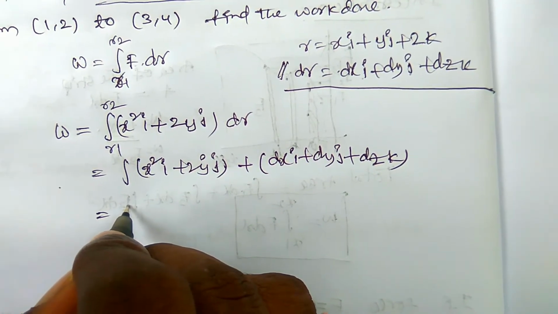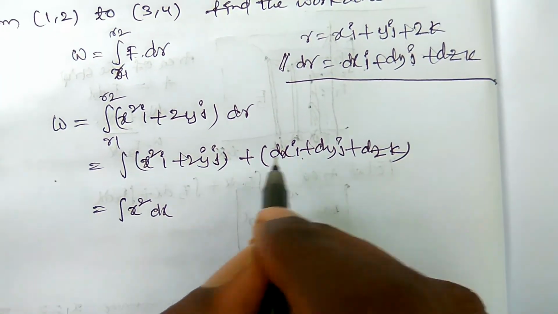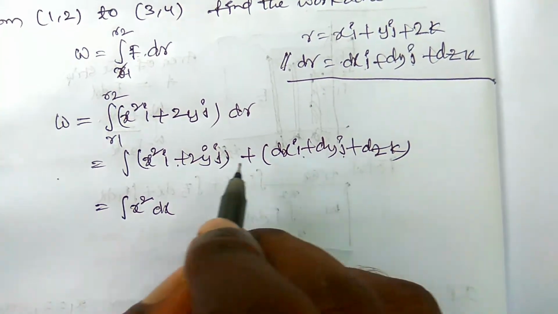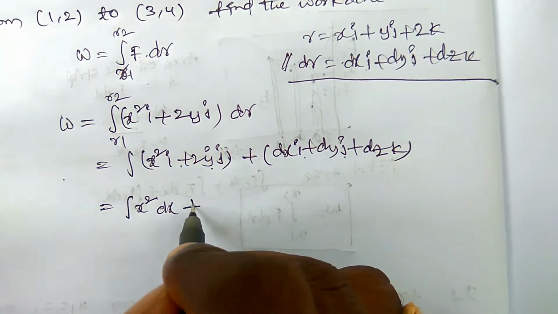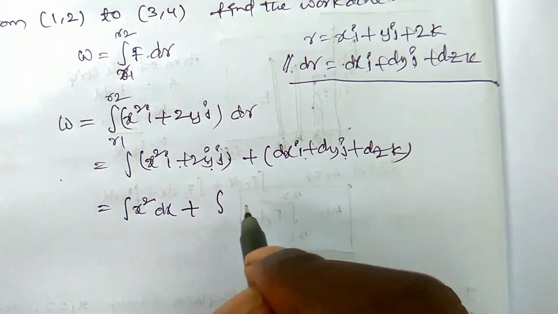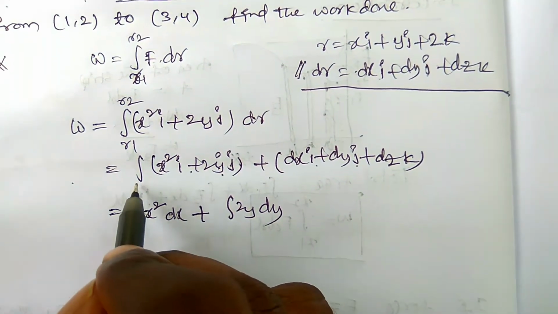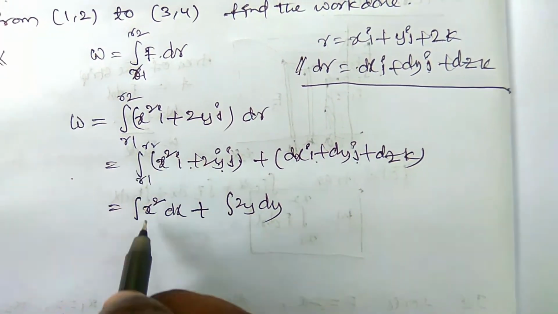We can write that it is the integral of x square dx, since the i factors will be multiplied, and the j factors will be multiplied, plus the integral of 2y dy. Okay, so the limitations are r1 to r2 here.